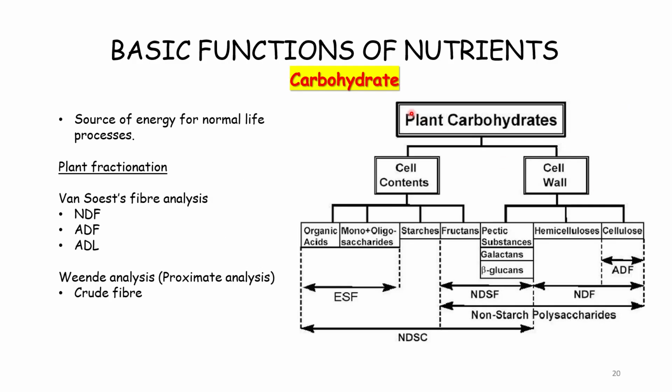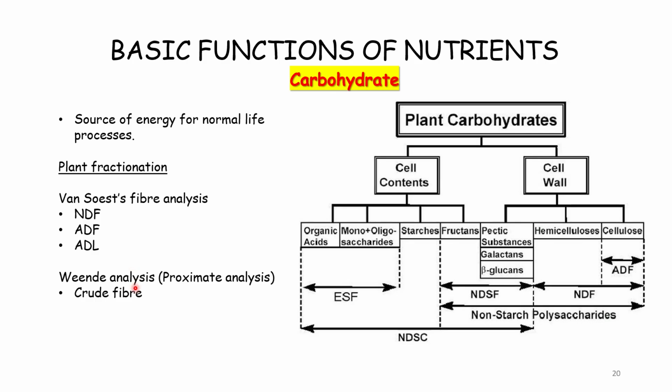Because of the water, chemical reactions happen inside the body. Now, this one is the carbohydrate. We can get most of the energy from the carbohydrate. Carbohydrate is the source of energy for normal life processes. Plant fractionation, according to Van Soest fiber analysis, for carbohydrate we usually have neutral detergent fiber, acid detergent fiber, acid detergent lignin.